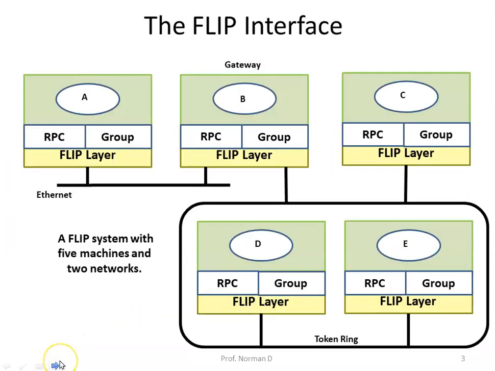Now let's have a look at the FLIP interface. A typical FLIP interface configuration is shown in this figure. Here we have 5 machines, 2 on Ethernet, that is this one and this one, and 4 on a token ring.